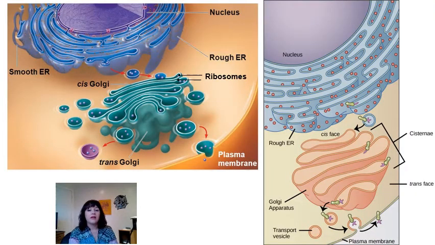So again, here are two different possible destinations for proteins that are made by ribosomes on the surface of the ER. On the left, if you look closely, on the surface of the rough ER, you can see these orangish brown spots. Those are the ribosomes coating the ER. So proteins are being made by these ribosomes, and as they are being synthesized, they're directly inserting into the endoplasmic reticulum.